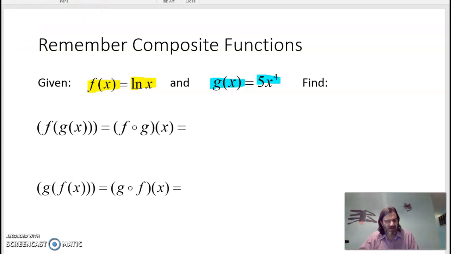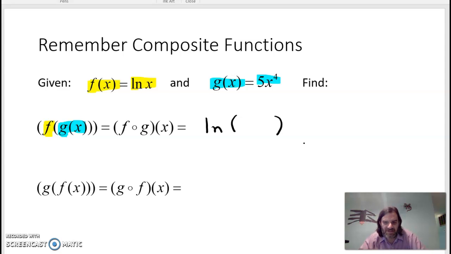So over here we have f of g of x. Okay? So no matter what notation we use, what this means to us, if we can recall, is that we're going to take f, which was the natural log of x, but we're going to put something in it. So usually we like to put numbers in, but this time we're supposed to put a function in.